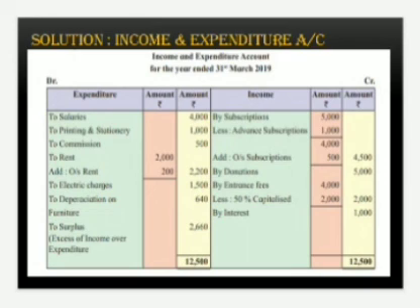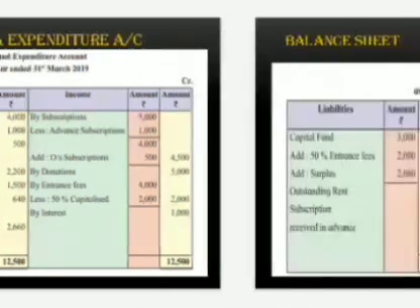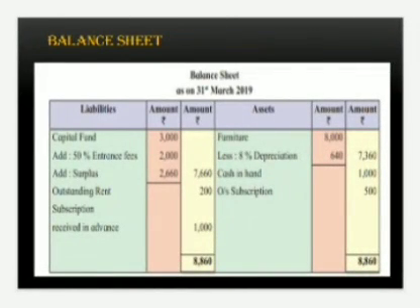Now if we see the balance sheet, the furniture is there. From furniture we have to deduct the depreciation, that is 8%, 640 rupees. That 640 rupees we have to give again as the effect to the expenditure, depreciation on furniture. Then cash in hand we have written, and outstanding subscription 500 is written.